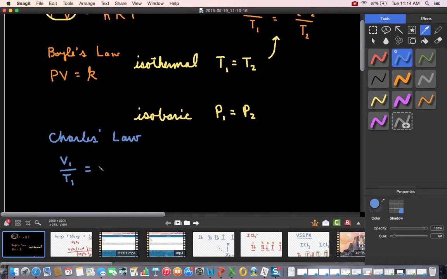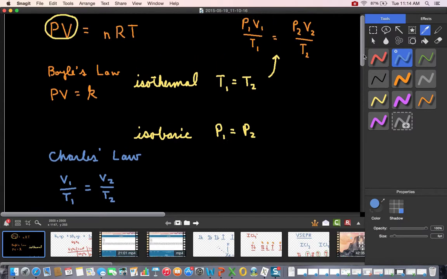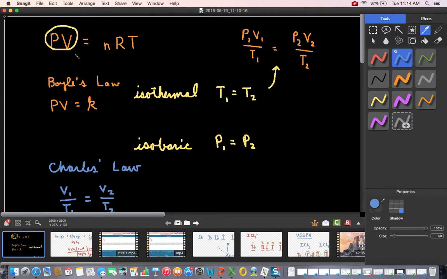Notice that V1 over T1 is V2 over T2. Now you can cross multiply these. You find they're directly proportional. Notice V1 and T1 would be on different sides of the equation, both in the numerator or both in the denominator. And you definitely see this with the ideal gas equation.